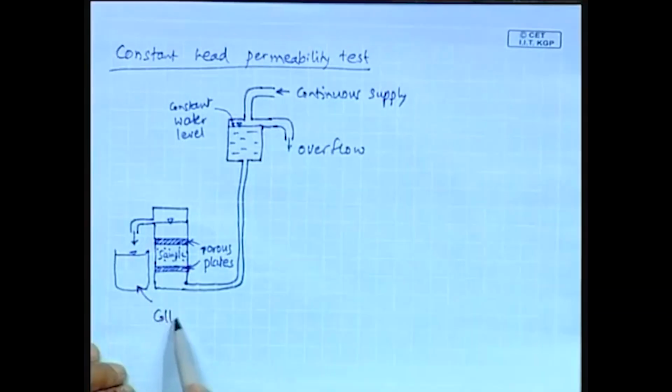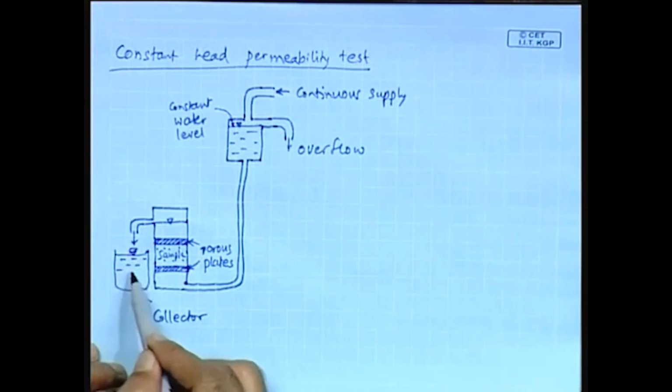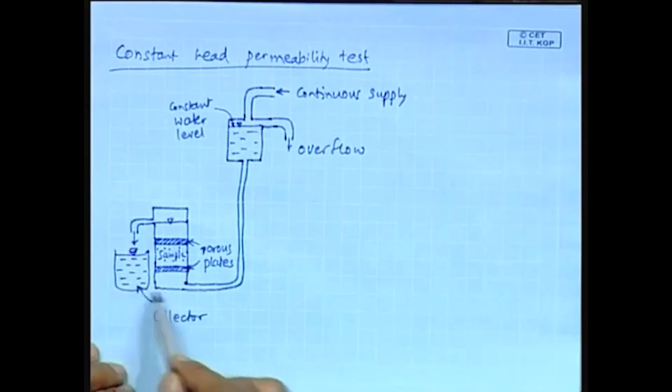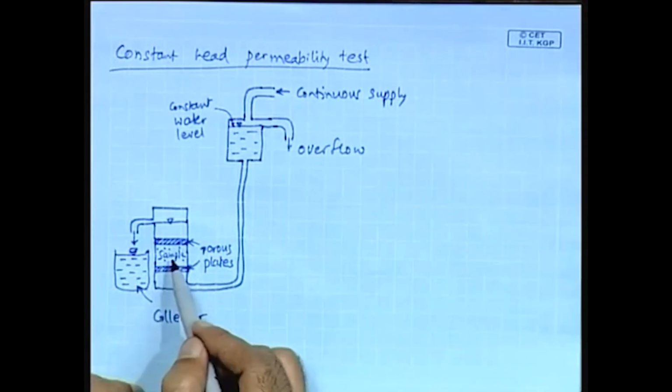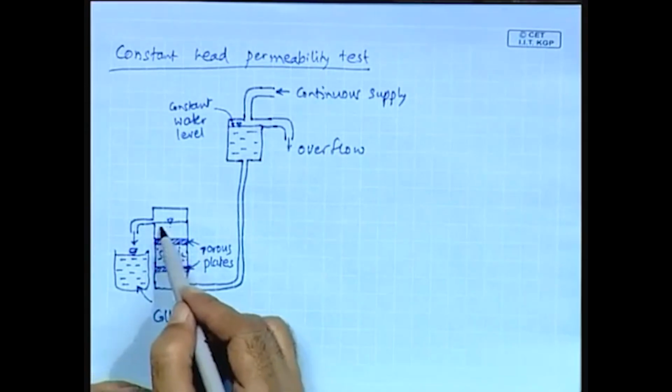So this is the collector, in which the water is collected after flowing through this sample, which is enclosed between two porous plates, one at the top and one at the bottom.